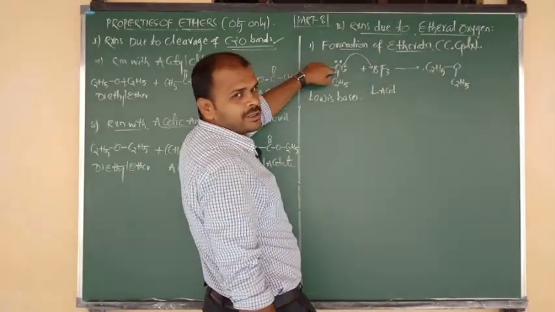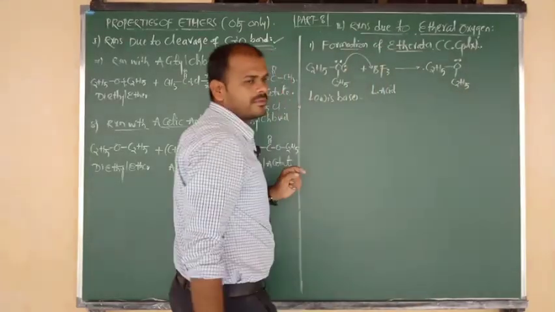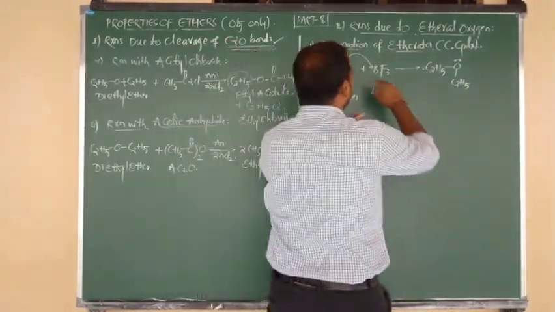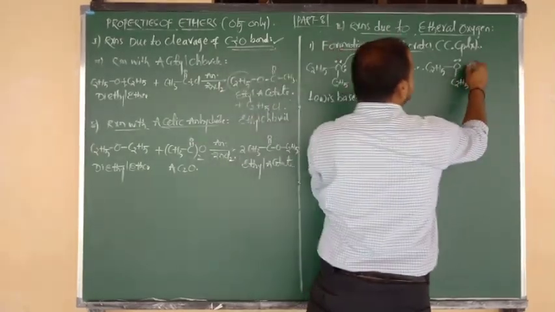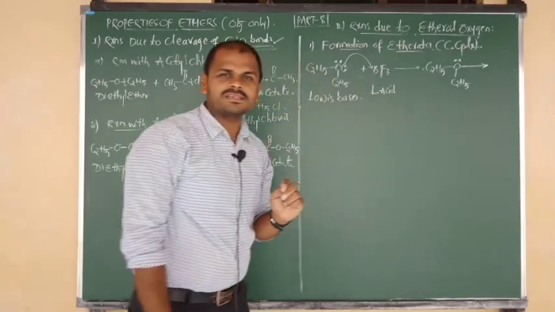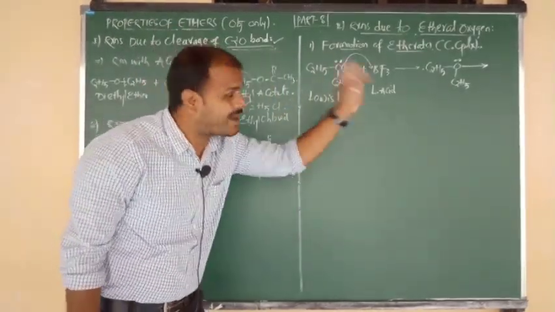Actually, here oxygen contains two lone pairs, so one of the lone pairs remains as it is, but one more lone pair is donated to the Lewis acid. By this donation to the Lewis acid, we form the coordinate covalent bond, also called a dative bond, which is denoted by an arrow mark.